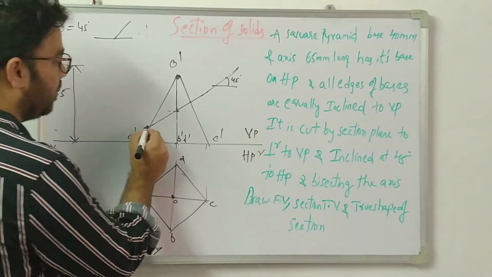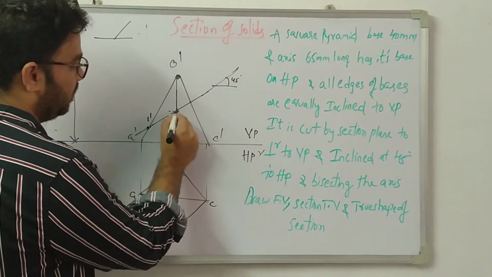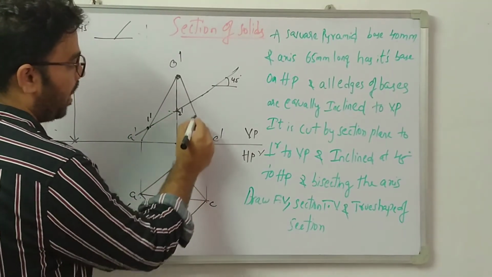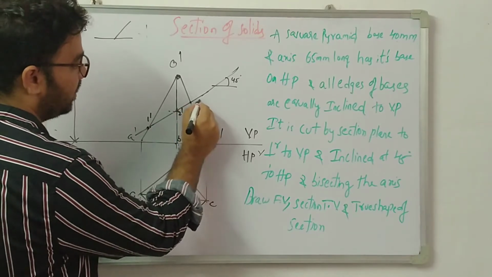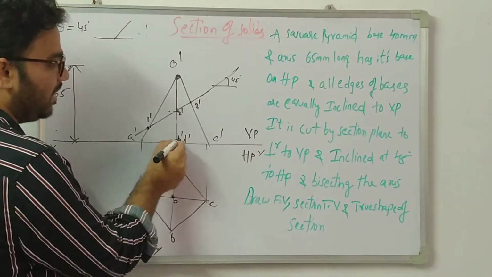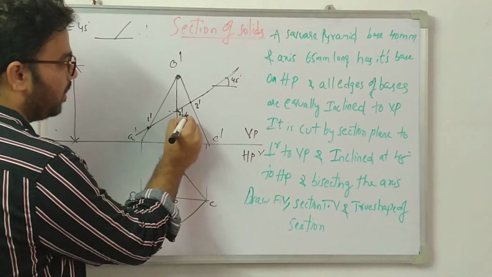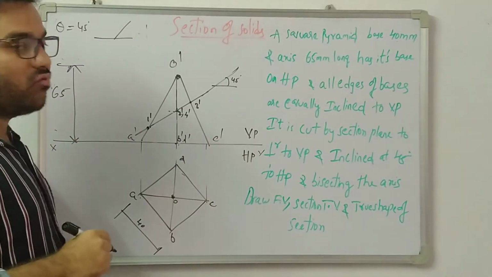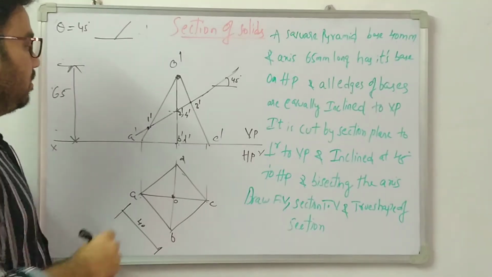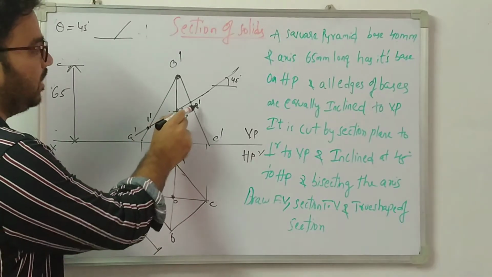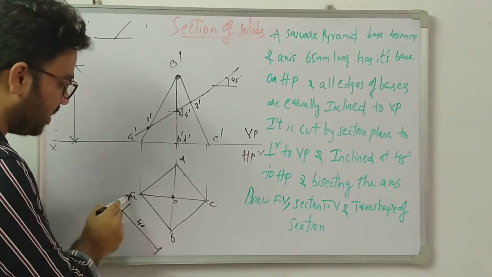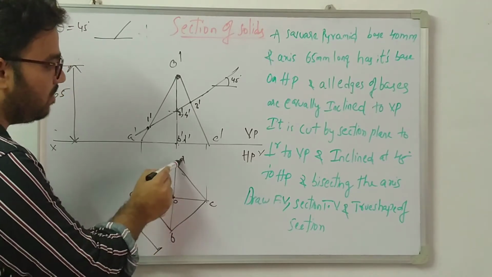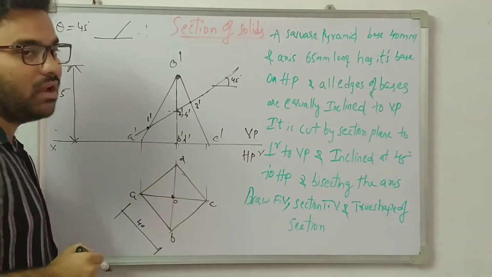This is my 1 dash, this is 2 dash, OC dash is 3 dash, and at the back side D dash is 4 dash. Go in an anti-clockwise direction in sequence: 1 dash, 2 dash, 3 dash and 4 dash. This is the order we have to follow.